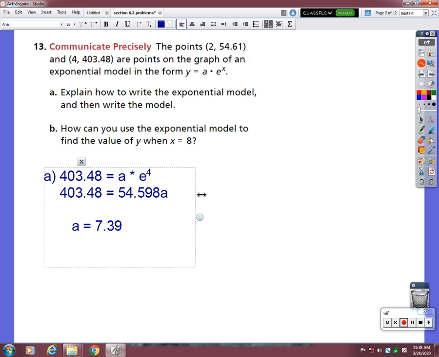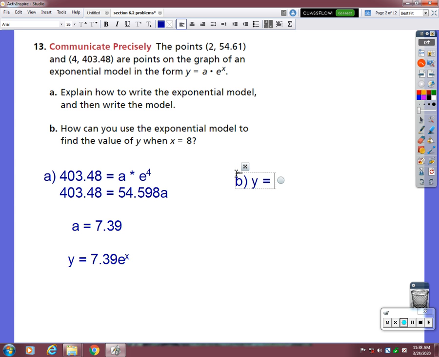Okay, so sorry I got off on the wrong track there. That's all I need to do to figure out what a is, and so now I know my equation is y equals 7.39 e to the x. Then I'm going to use that to find out what y equals when x equals 8. So that's easy peasy lemon squeezy.